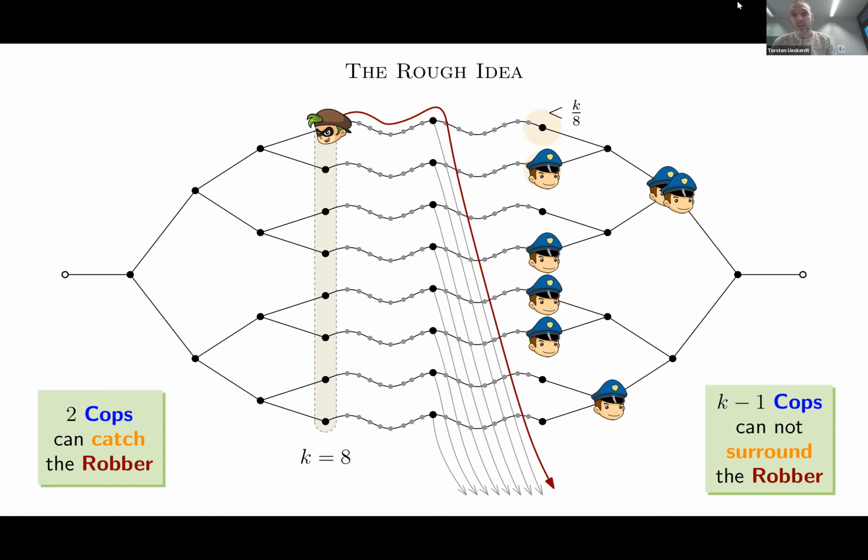He has k choices. There's only k minus 1 different cops. So somehow there is one of his k choices where there's not a cop waiting for him. So not on the way and not in the proximity of this target vertex.